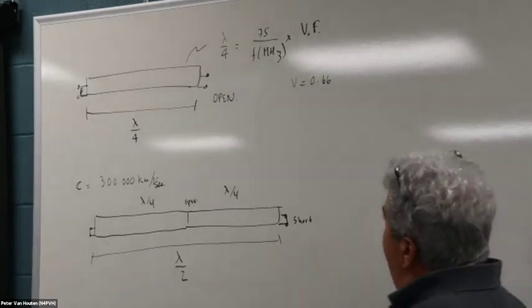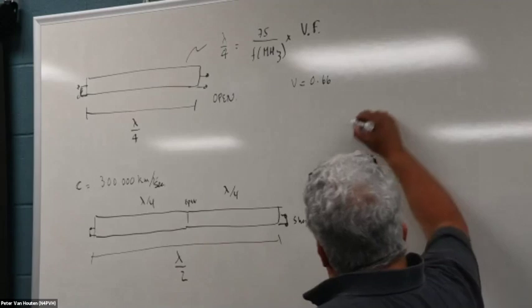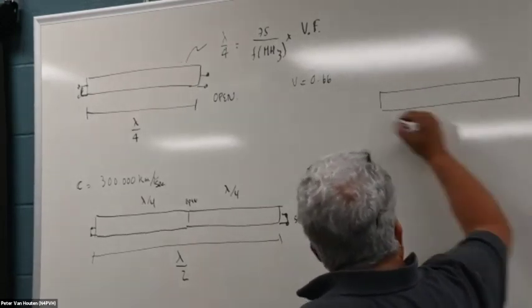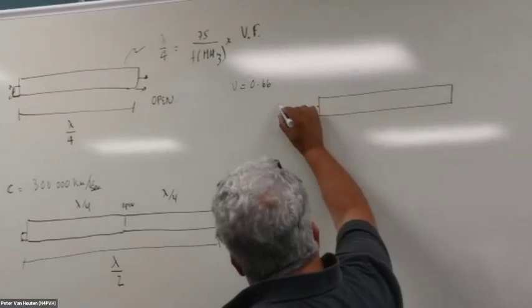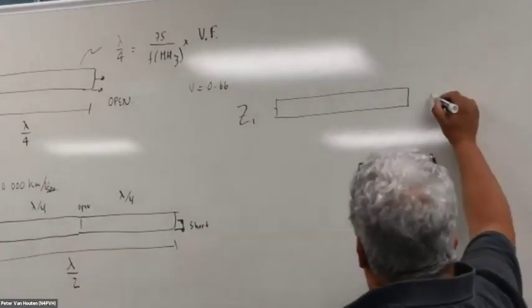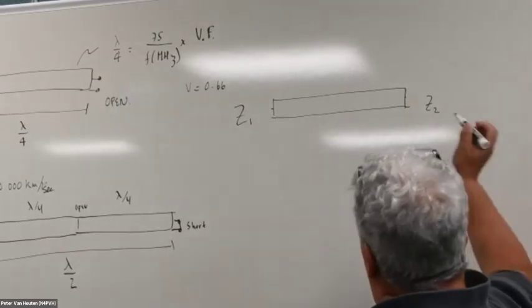Other properties we talked about was using it as a transmission line transformer. Let's say that I have here an impedance which is Z1 and another impedance here on the other end that is Z2, and I need to match them.